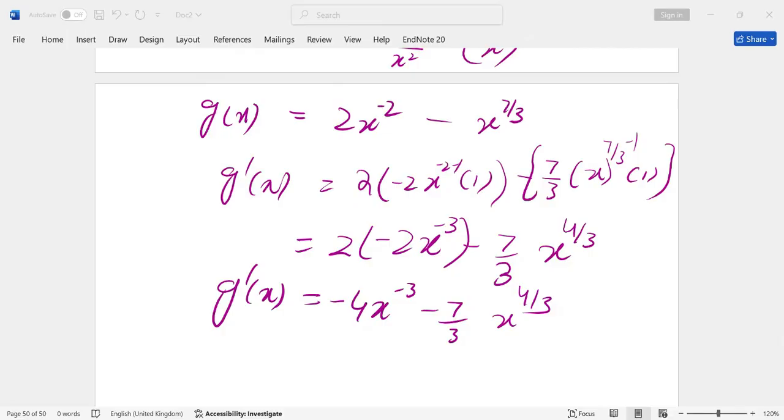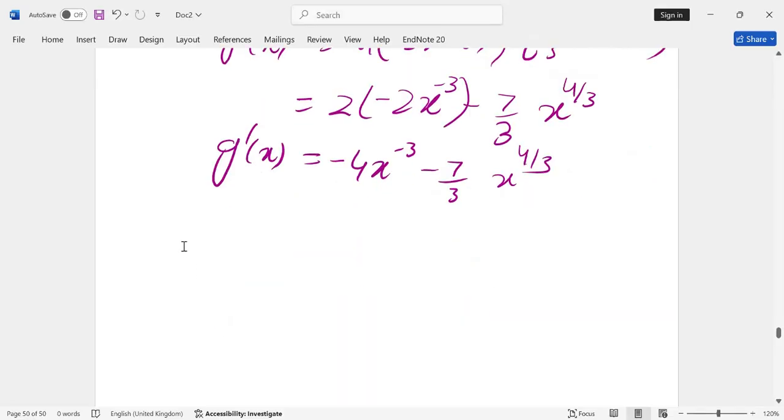So let's move to the next question. The next question is 8.2. Determine the equation of the tangent to the function f of x equals x cubed minus 4x squared plus 2x plus 3 at x equals 2.